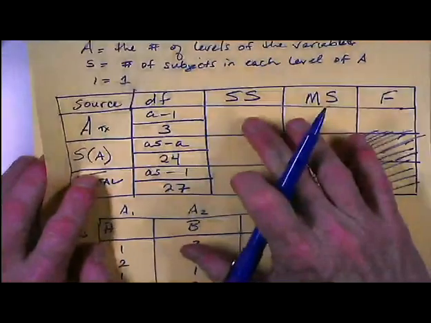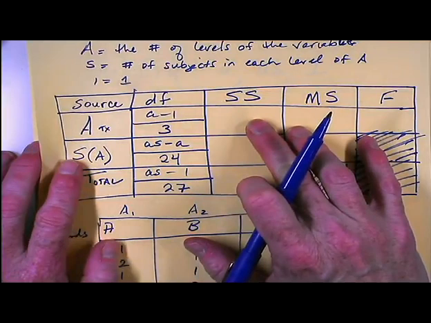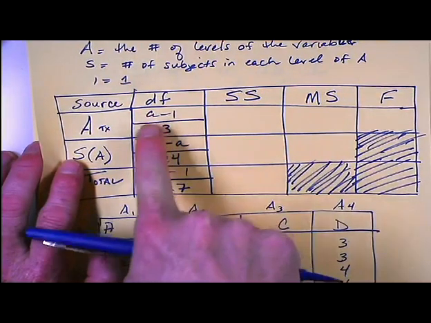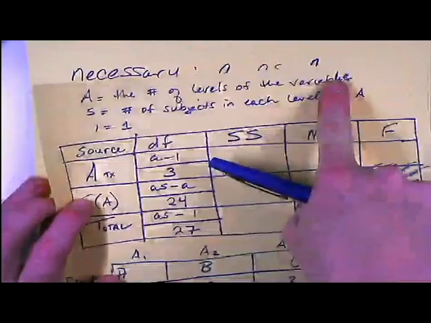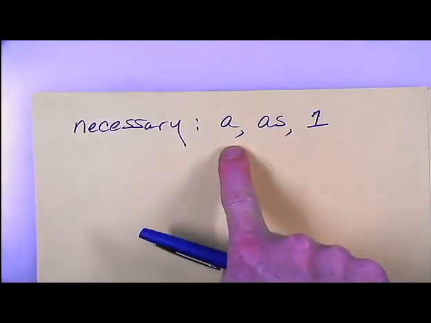The reason is that when we want to figure out our sum of squares, we're going to use the same formulas as the degrees of freedom, only instead of A being the levels of the variable, A is going to be the value of the A necessary term.